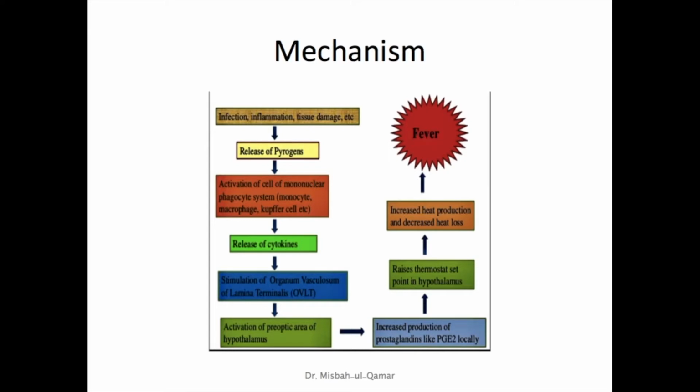Ultimately, these pyrogens, they raise the set point. And when the hypothalamic set point is raised, then all the mechanisms to raise the body temperature become active as well.